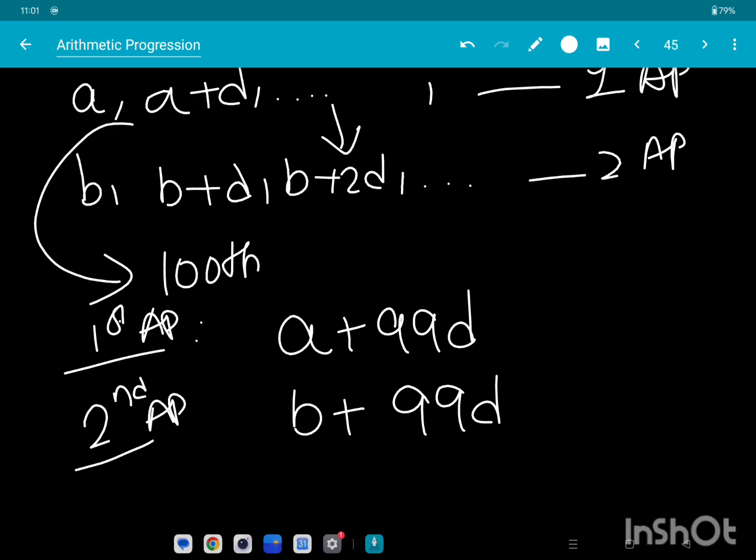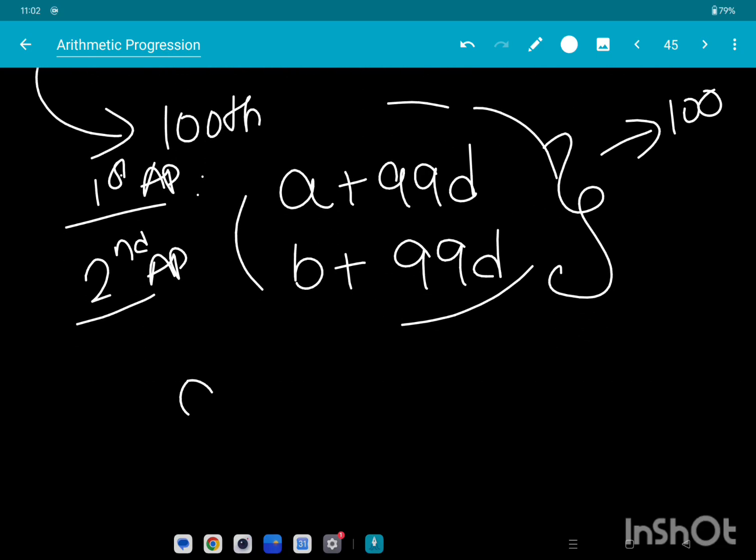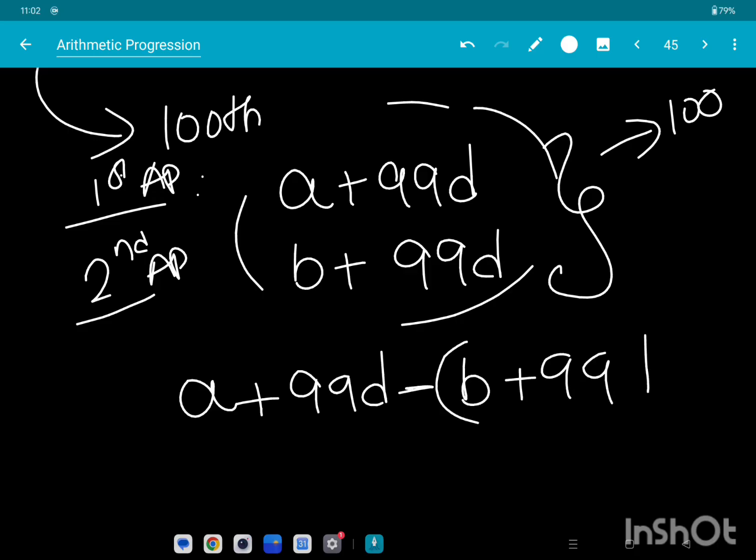It was given that the common difference is the same, and the difference between these two is 100. Now I am going to write it that way: a plus 99d minus (b plus 99d) is equal to 100. This is the only thing given, right?